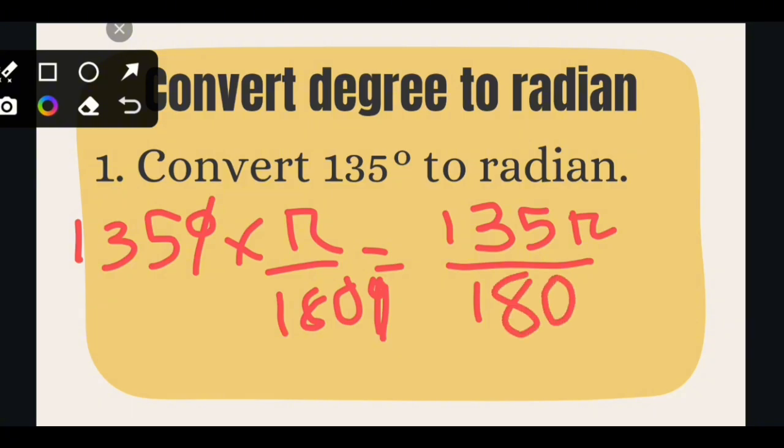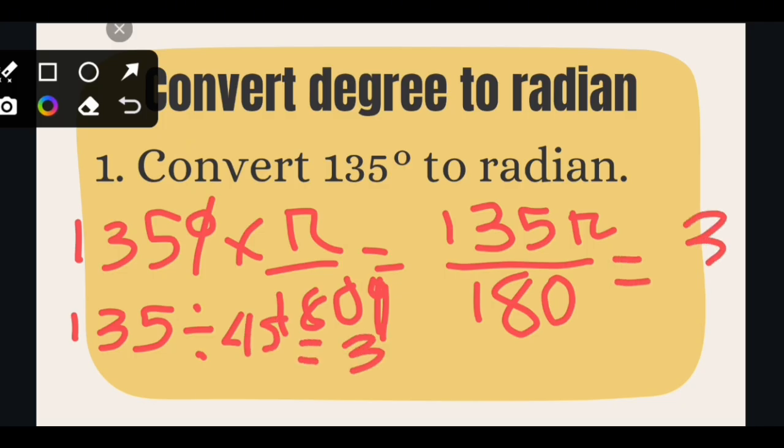And after that, kunin natin yung GCF nila or simplify natin yung fraction. Pwede natin i-divide yung dalawang number na yan sa 45. So, 135 divided by 45 is equals to 3.